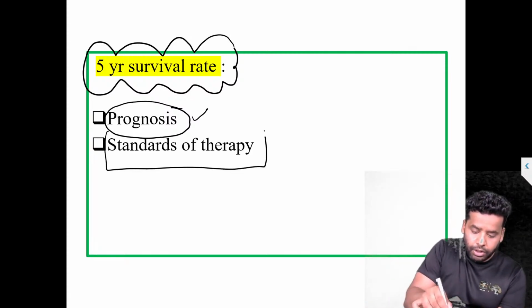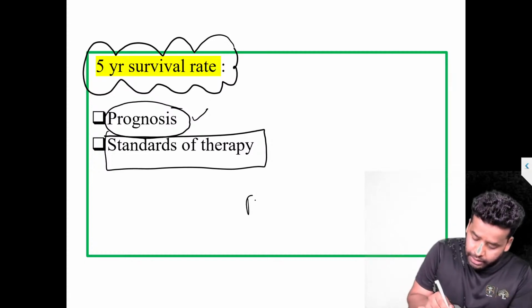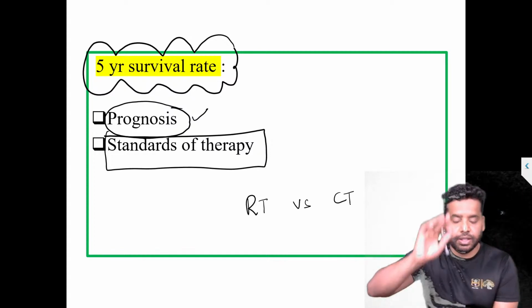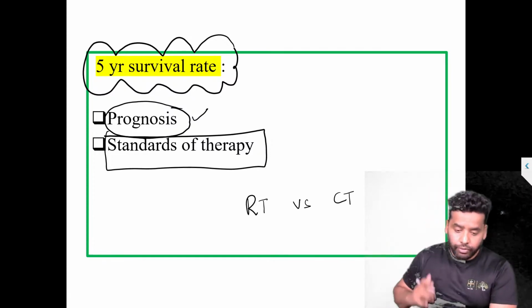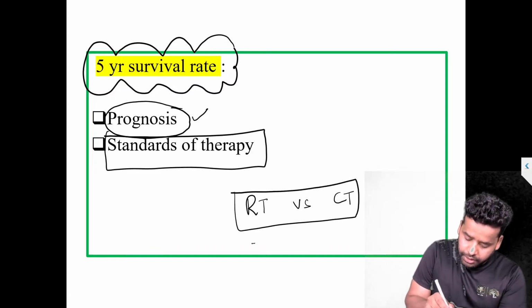Standards of treatment, true or false. Just a basic example of what they are asking: radiotherapy versus chemotherapy. The 5-year survival rate using radiotherapy is 70%.